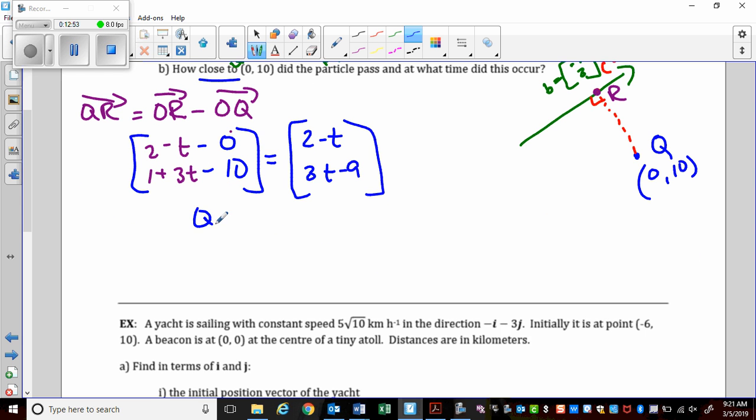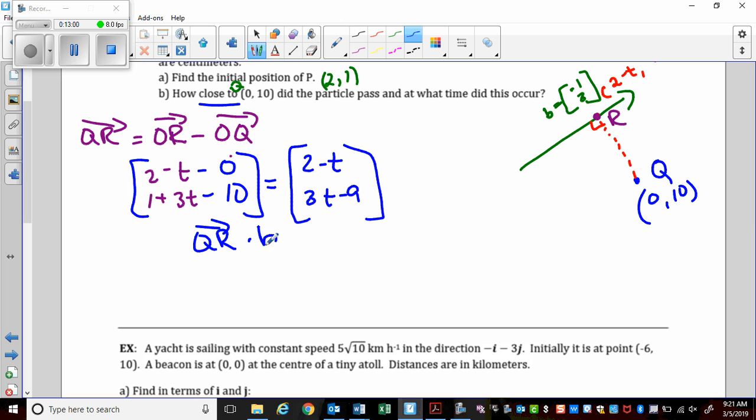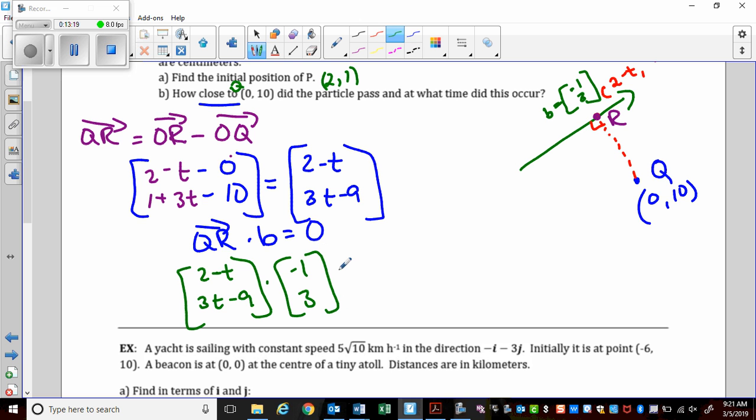So the dot product of Q to R, that vector, and the slope of this, which is B, has to equal 0. So Q to R is 2 minus t, just did this, 3t minus 9, and B is -1, 3. We're going to find out when this equals 0.